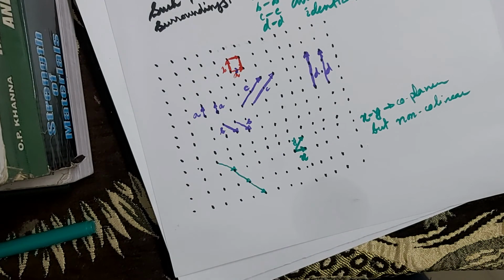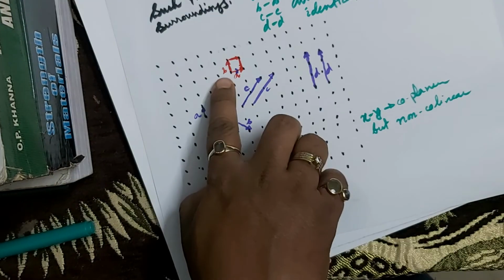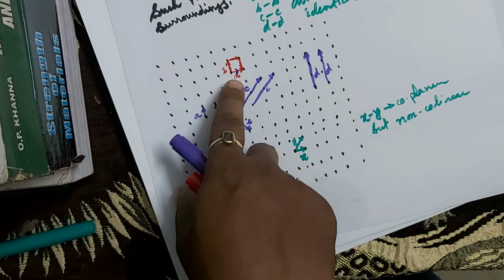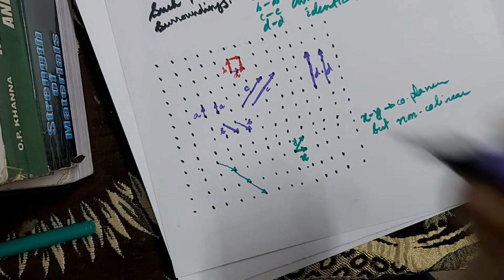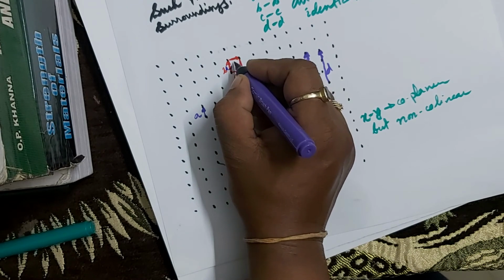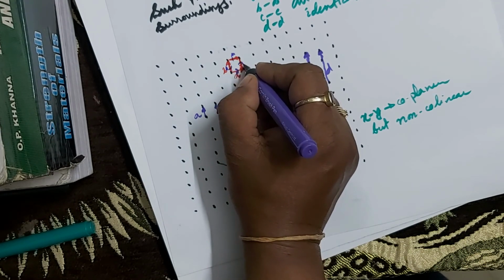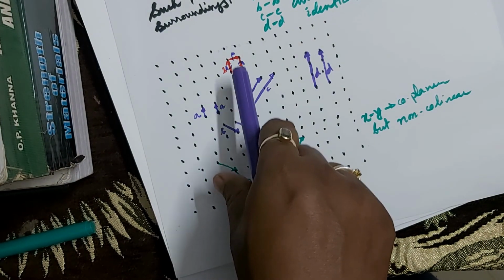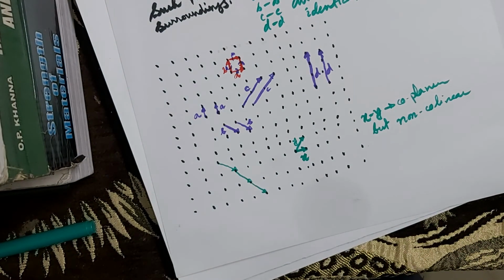As it is a square, all these sides are equal. After this 90 degrees, if we rotate again by 90 degrees, again 90 degrees, again 90 degrees, then we can get the initial position.